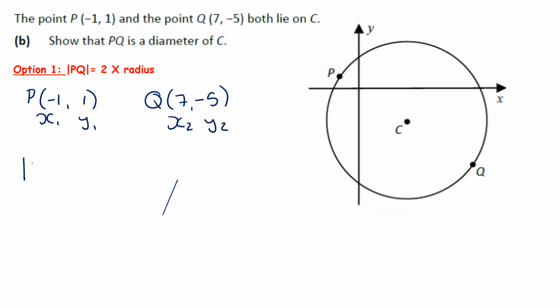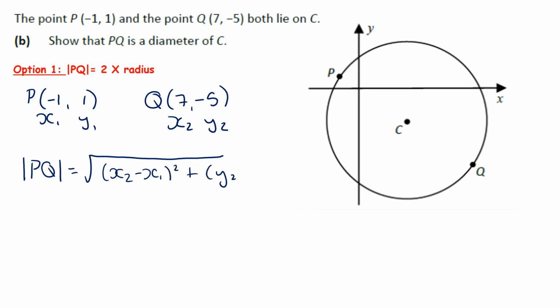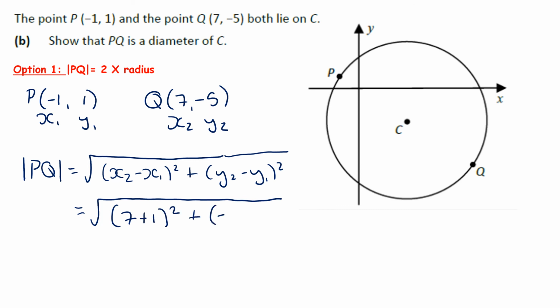The length of PQ is equal to the square root of x2 minus x1 squared plus y2 minus y1 squared, just so you know what we're filling in. So that's going to be 7 minus minus 1, so that becomes a plus 1, plus y2, so that's minus 5, minus 1 squared.